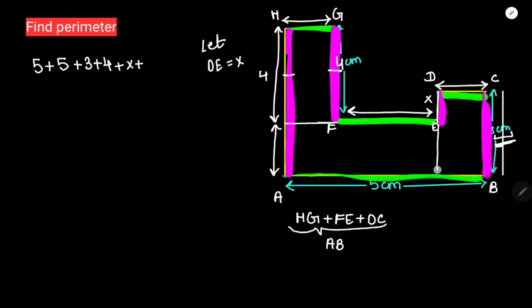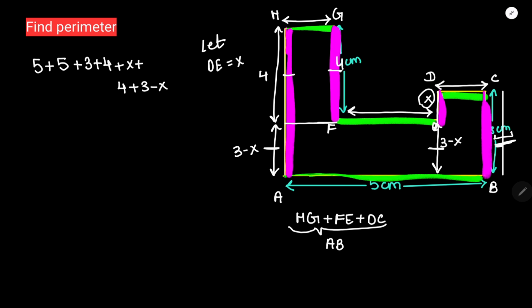And what will be this length? If I subtract this x from 3, I will get 3 minus x. And since this side will be equal to this side, this is equal to 3 minus x. So if I add both of these, I will get AH. So plus 4 plus 3 minus x is equal to AH.